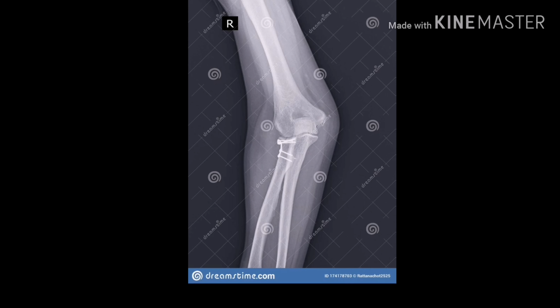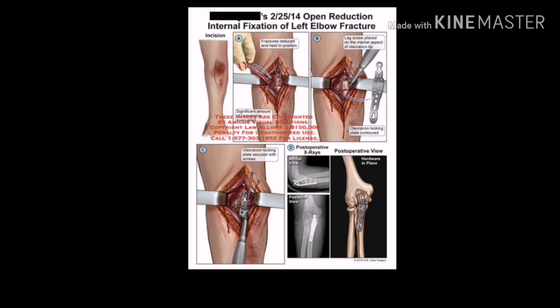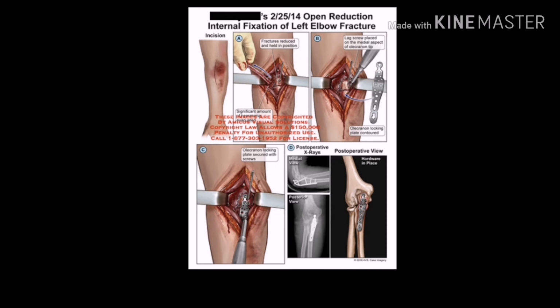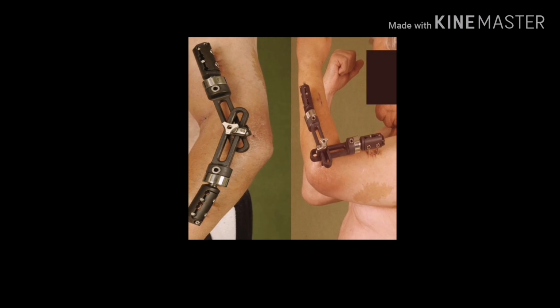First, open reduction and repair of soft tissue back to the distal humerus. Second, hinged external fixation. And third, cross-pinning of the joint. Now let's talk about elbow fracture dislocations.